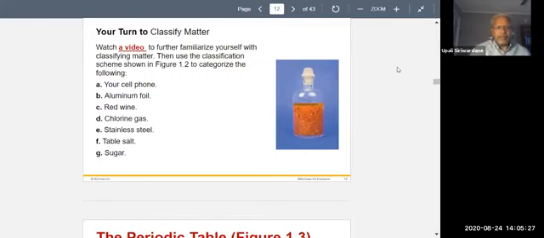Sugar is a what? Mixture? Sugar is a compound made out of carbon, hydrogen, oxygen. Sugar is sucrose. There's a formula for that. It's a molecular compound.